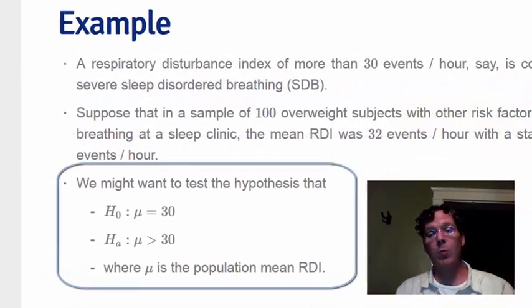We'd like to test whether or not the population mean for this population that we're drawing the sample from is equal to 30, our benchmark for severe sleep disordered breathing, or whether or not it's larger than 30. So we specify that as H0: mu equal to 30, and the alternative hypothesis, HA, as mu greater than 30.